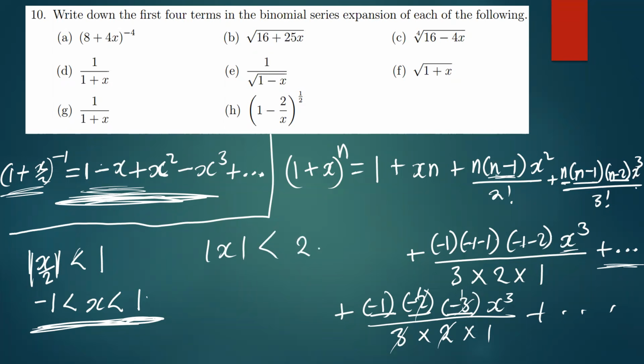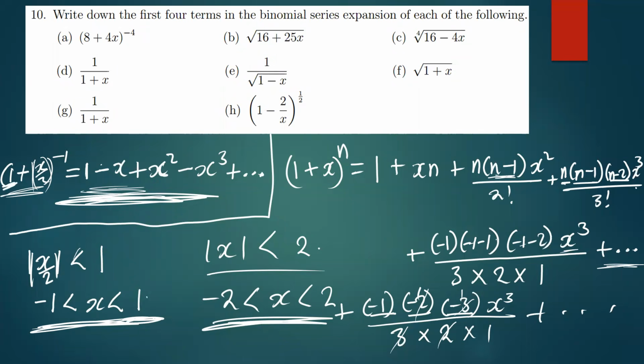And then from there, when you solve this equation, the solution will be -2 less than x less than 2. Yeah, so this is what it means. So what we're trying to say is that the modulus of this part here should always be less than what you have there, which is a 1. So that's what it means.